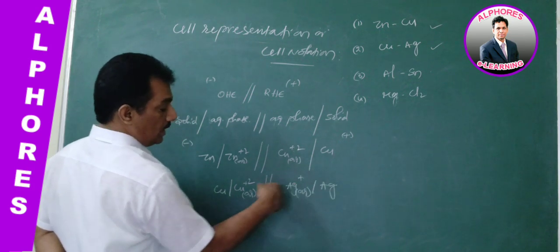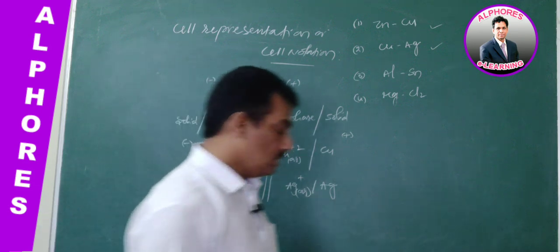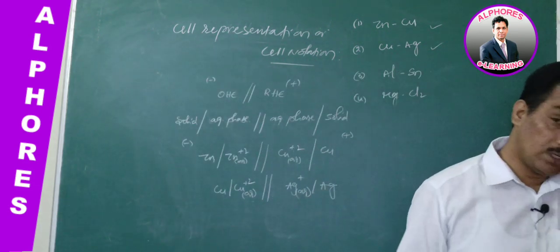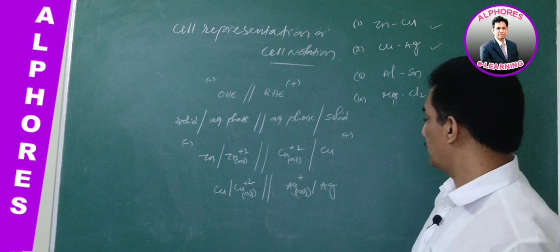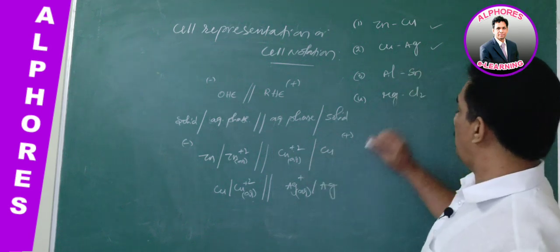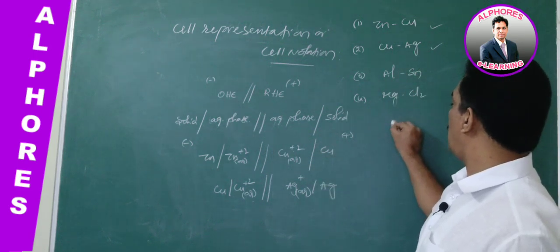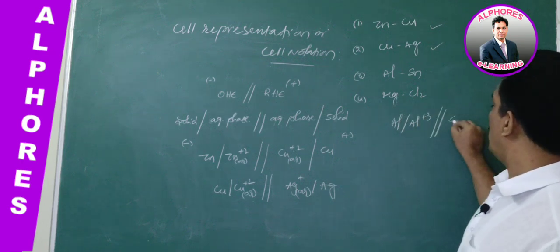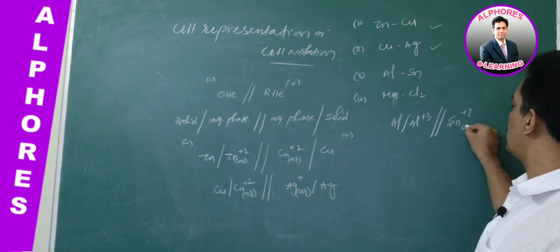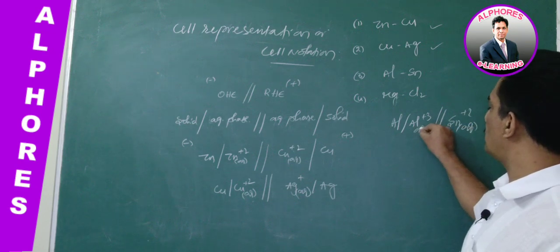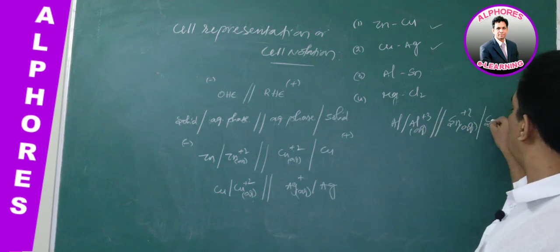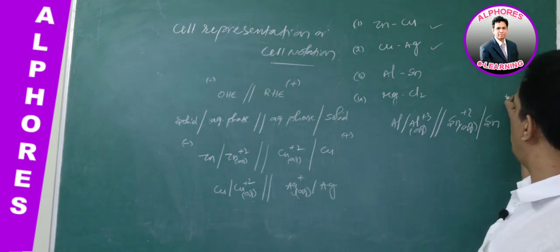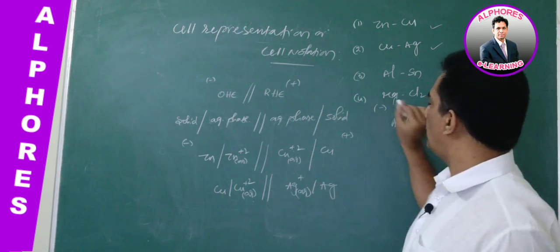Here you need not write the balanced number because the balancing is only in representing the cell reaction. Clear? And next, aluminum and tin. We can write like this: aluminum, Al plus 3 and Sn plus 2 aqueous, and this is also aqueous, and Sn. It is RHE plus and it is OHE minus.